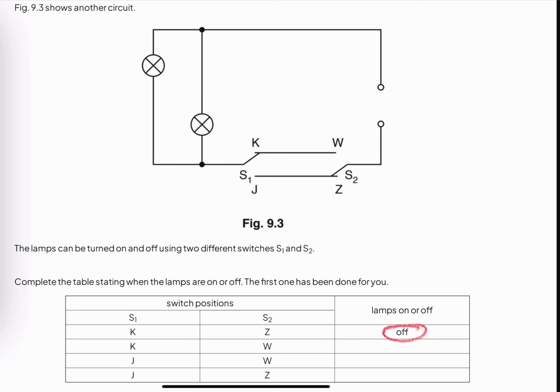For the second part, S1 is attached with K and S2 is attached with W. So this is the same and this will be attached with this thing. So current will start moving from this point, it will flow from this point, it will move there. Okay, so it moves towards the next side, so it will be on.